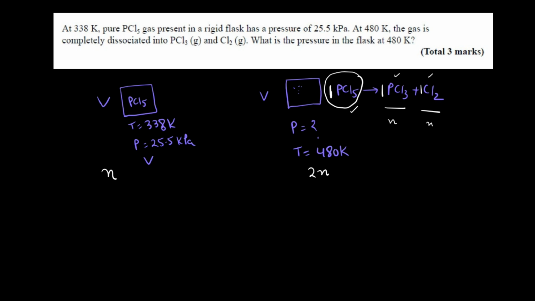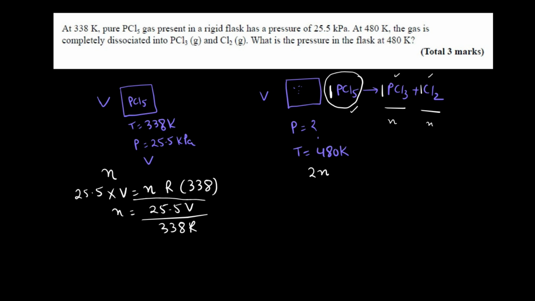Considering my volume is V, P is given and T is this: 25.5 pressure into volume V equals, suppose the moles is n, R is the gas constant and temperature is given, 338. So n comes out to be 25.5 V over 338 R. So these are the moles of PCl5 present initially here.